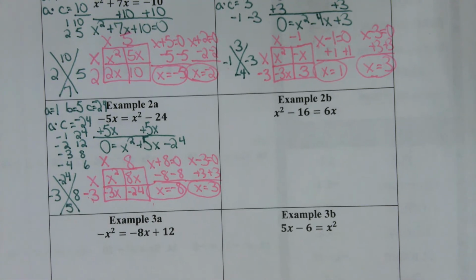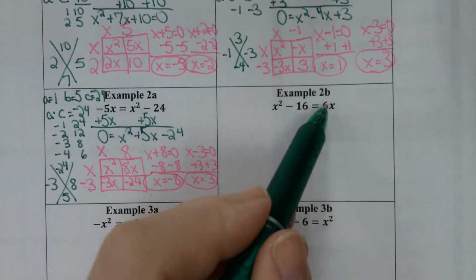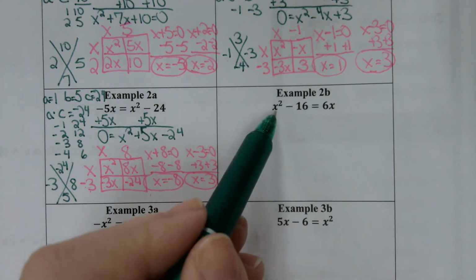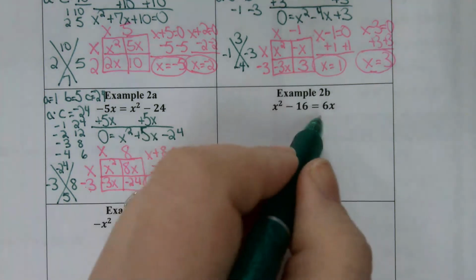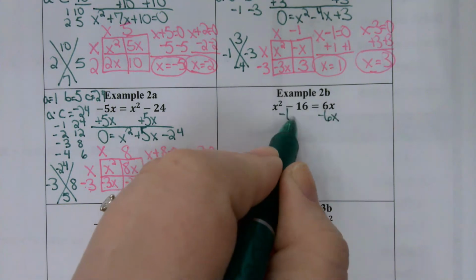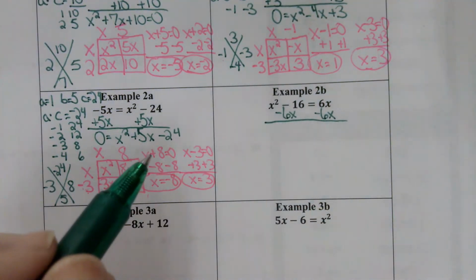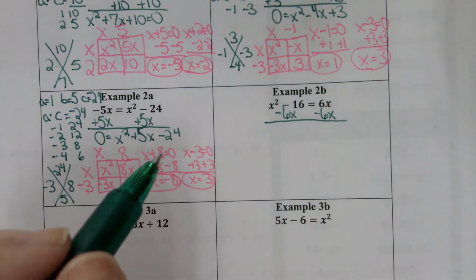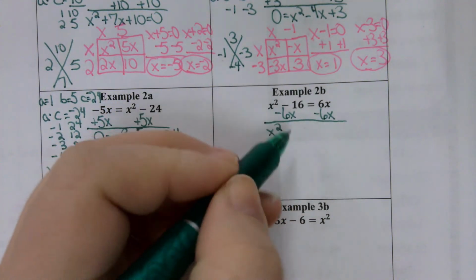In order to make the equation equal 0, over here we'll need to move the 6x. We don't want to move anything else because the x squared is already positive. So we'll subtract 6x, which remember is our b term, meaning it's going to need to be in the middle if we were to write this in ax squared plus bx plus c form, or standard form for a quadratic.